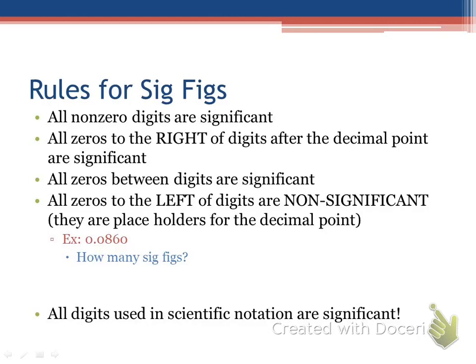Determining significant figures: digits shown in scientific notation are significant. Okay, digits visible or digits used in scientific notation are significant. Okay, so we're going to dive into scientific notation a little bit more today, but here's what most should look like.